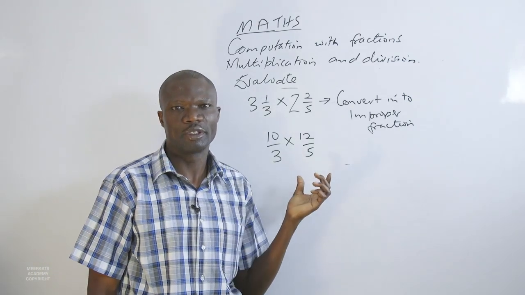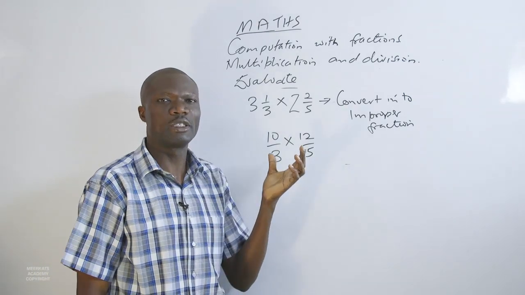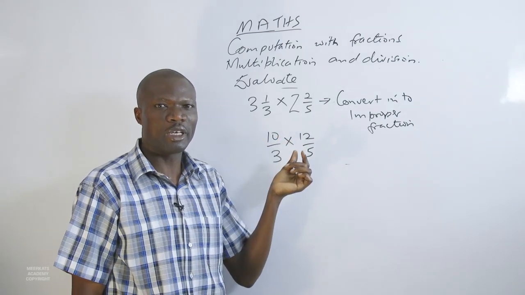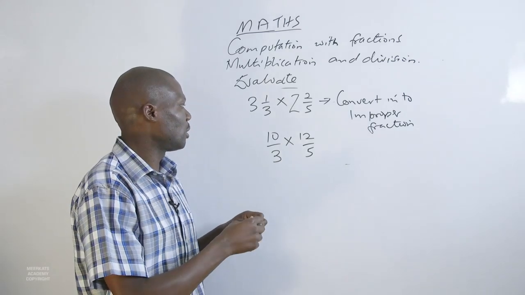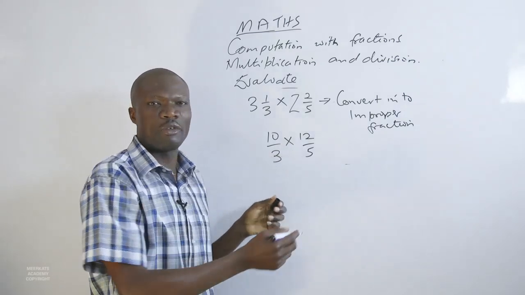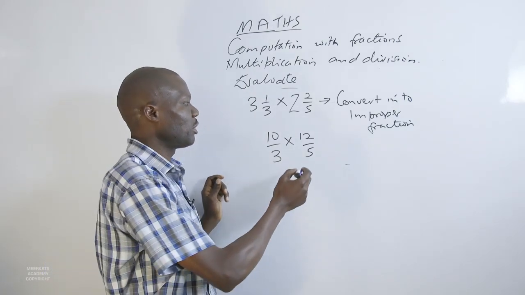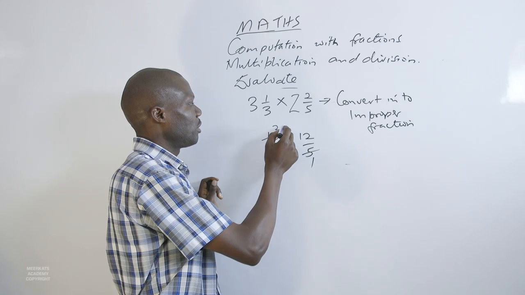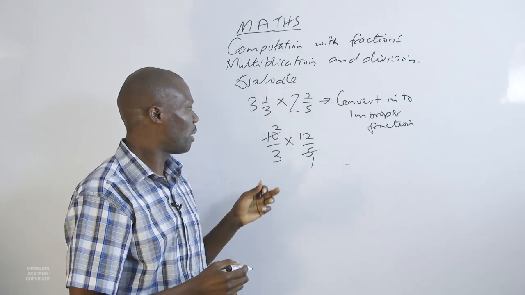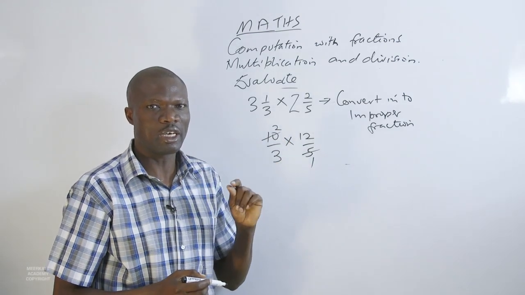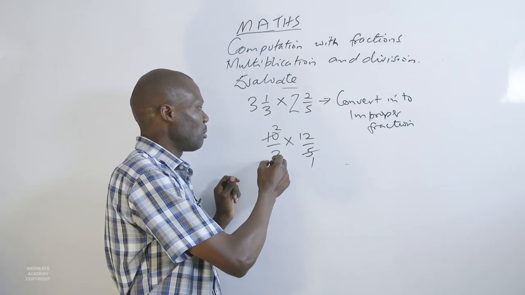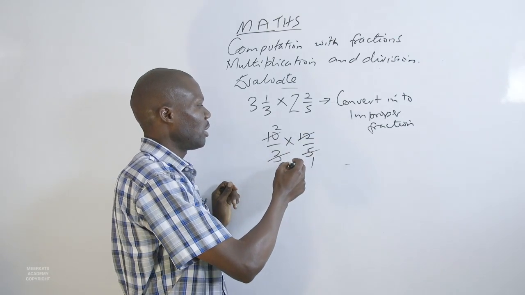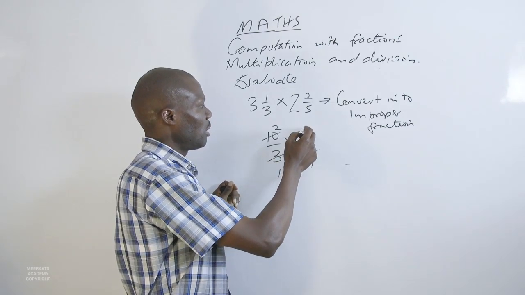Looking at this, what is a common factor between the numerators and the denominators? You realize that 10 and 5 share a common factor, which is 5. So 10 divided by 5 is 2, and 5 divided by 5 is 1. 3 and 12 share a common factor, which is 3. 3 divided by 3 gives us 1, and 12 divided by 3 gives us 4.